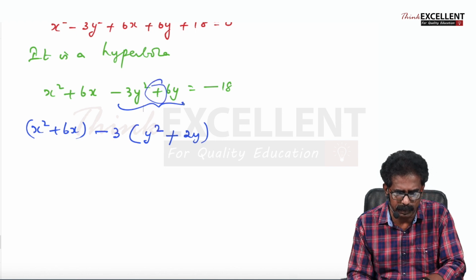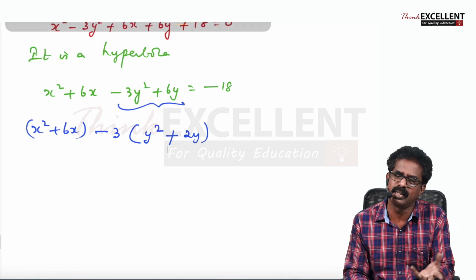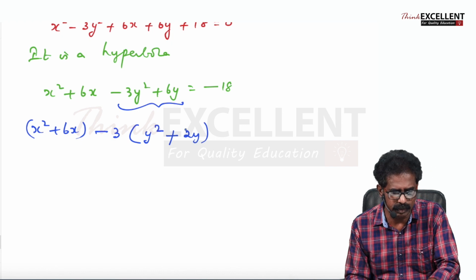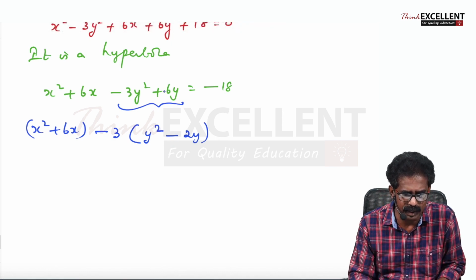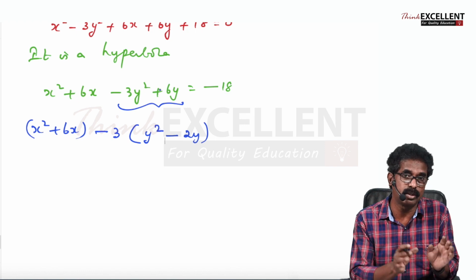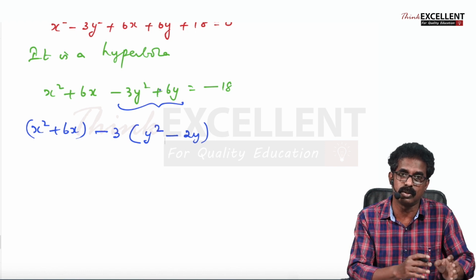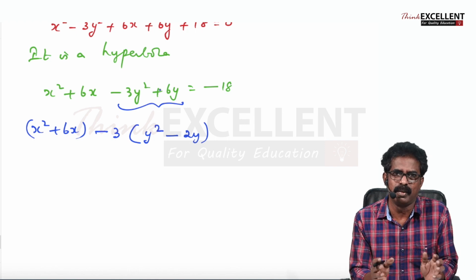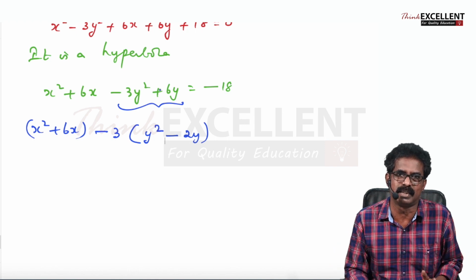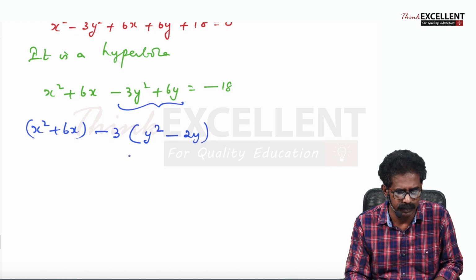But here what is given? Plus. If you check for a moment, you can avoid this. It should be minus, because minus is not common. In the previous question both were minus, so we took minus outside and both became plus. But here the first is minus and the second is plus. All of you know, but when you do it fast, you may make mistakes. Be very careful in this area.